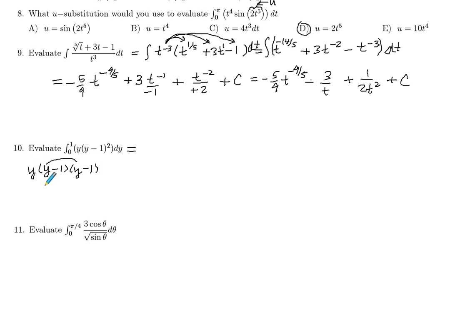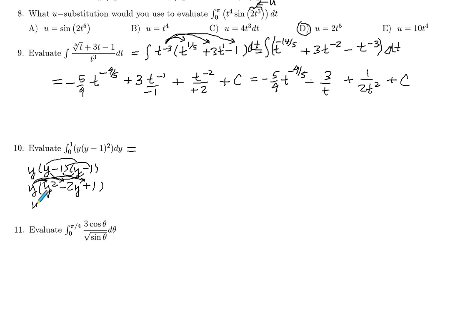So first terms give us y squared. Outer terms negative y, inner terms negative y, so it's negative 2y. Last terms plus 1. And then we've got y out in front. That needs to be multiplied in times each term.